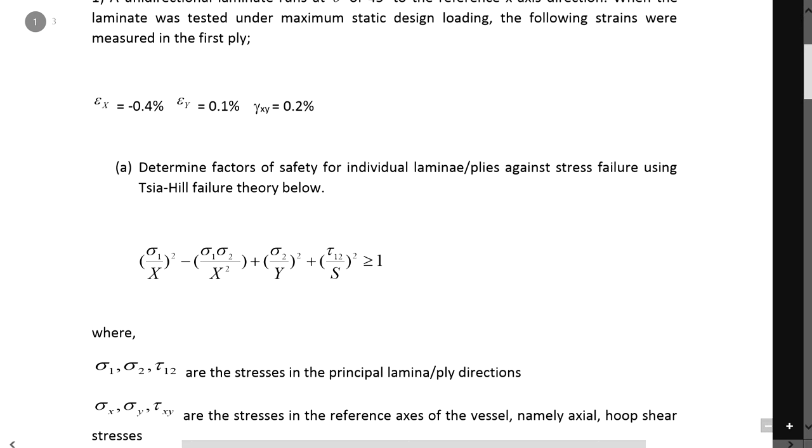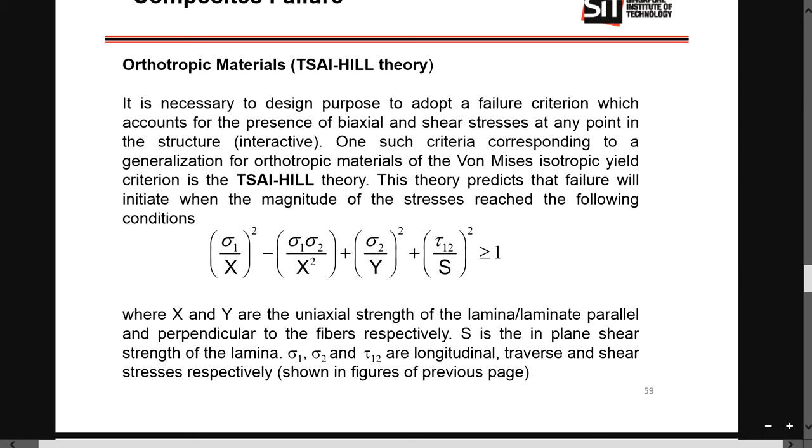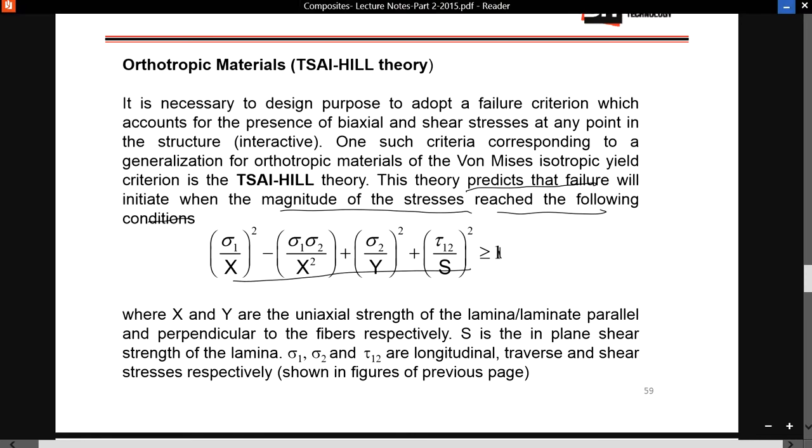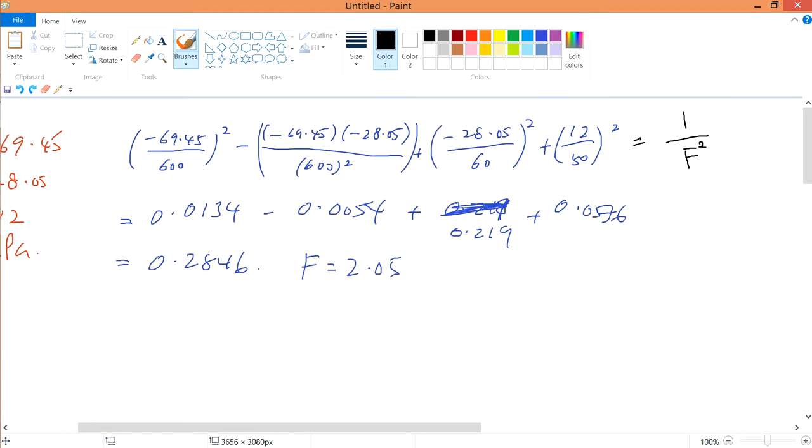If it's larger than 1, this means you're unstable. It predicts the failure if the magnitude of the stress reaches the following condition. So if it's larger than 1, then the failure will start to occur. If you are lower than 1, you are pretty safe.